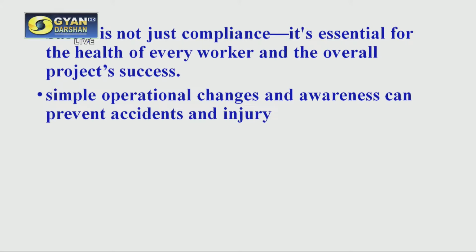As I told you, if some accident occurs, it affects the productivity, meaning there will be no work, there will be delay in the completion of the project, and because of the delay there may be a penalty on the contractor. So there will be many problems. It should not be taken simply as compliance.